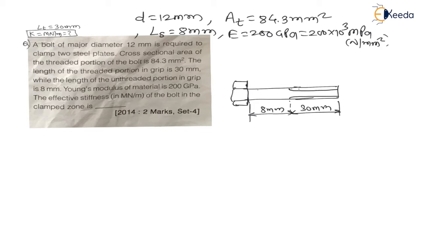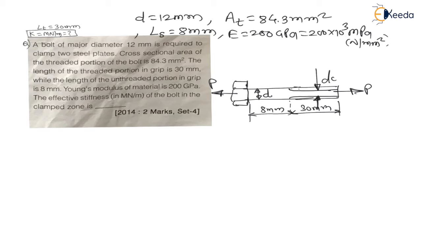Now the major diameter means diameter of shank, we can say diameter of shank is D, which is given 12 mm, and on this bolt a tensile force P is acting. Now the minimum diameter of threaded portion is called core diameter DC.